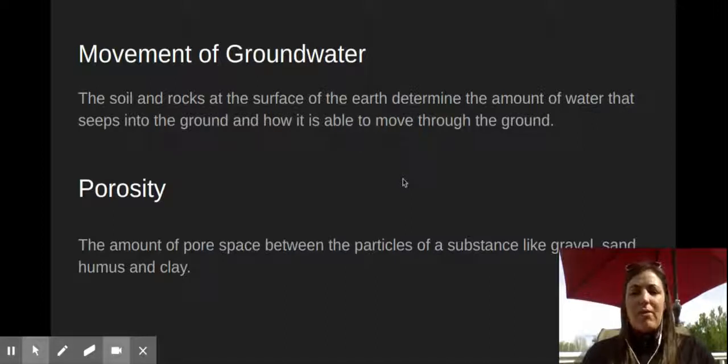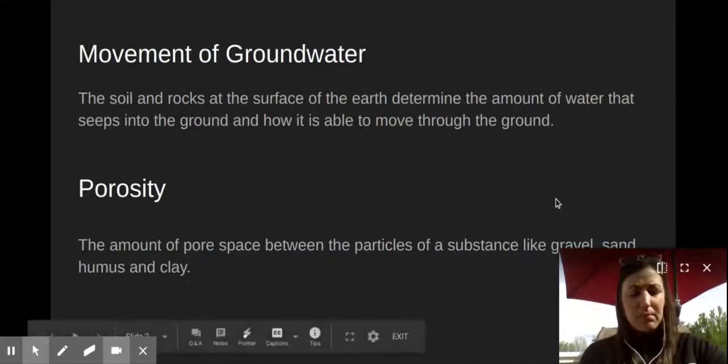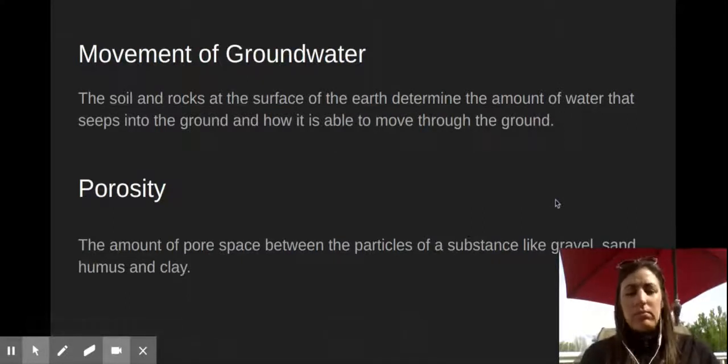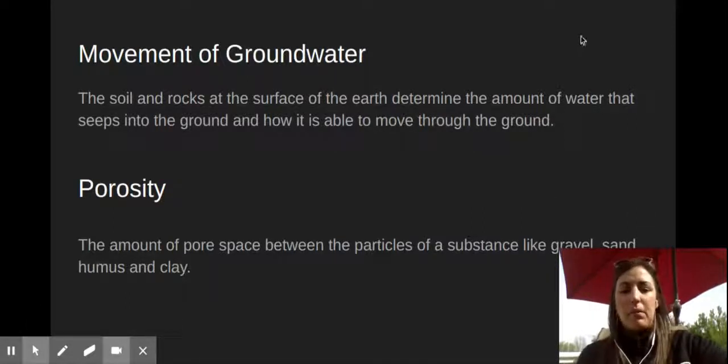Porosity is the amount of pore space, or the air, the spaces between the different particles of a substance like gravel or sand or the humus and clay. Those are the four different components that you looked at, and there are different amounts of porosity, and we're going to talk about that.